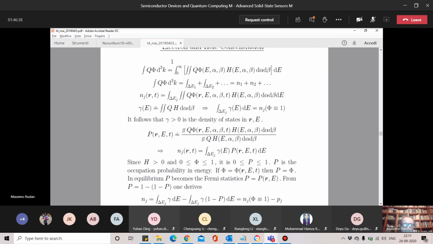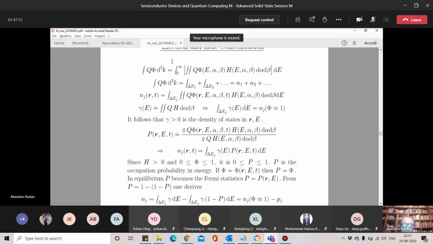Now, take a special case. Assume that the band that you are considering is completely filled. Every possible state of the band is filled. That means that the probability of occupation of a state, phi, is equal to 1 for this band that you are considering.